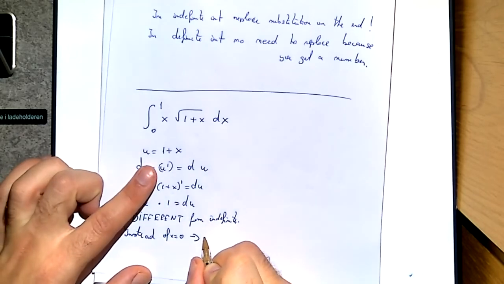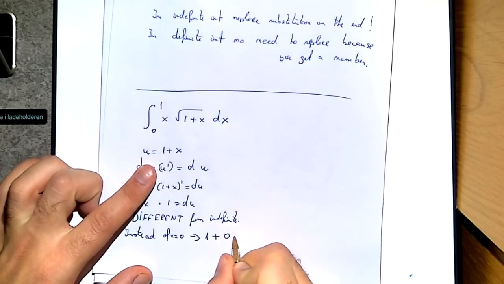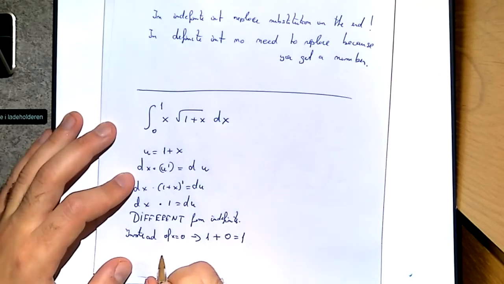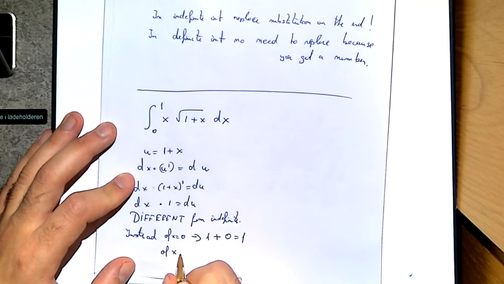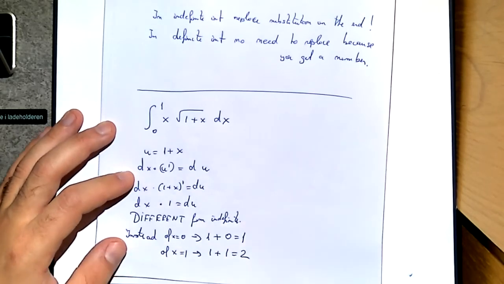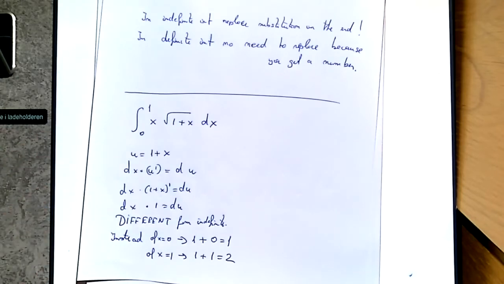When I replace, 1 plus 0, you get 1. And instead of x equals 1, you get 1 plus 1 is equal to 2. I know, amazing math. Anyway, that's the only thing that changes: your limits of integration.